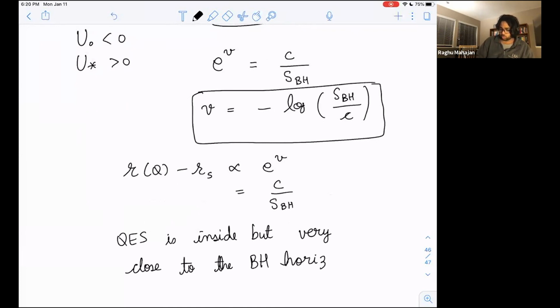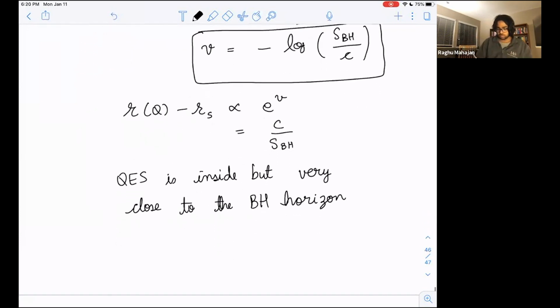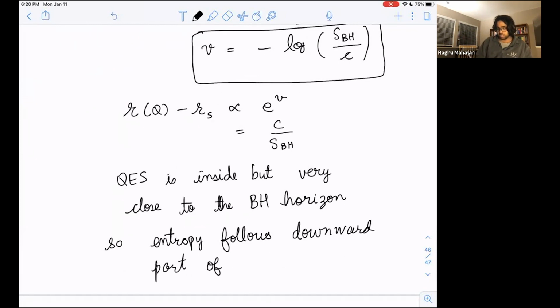This is also why its entropy follows the downward Page curve. The entropy follows the downward part of the Page curve, because essentially the downward part of the Page curve follows the area of the slowly evaporating black hole.